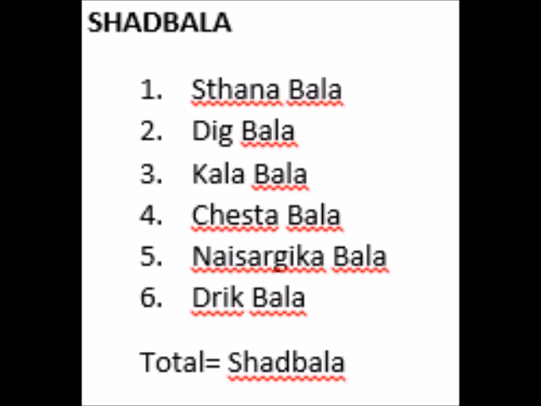a planet gets powerful on a particular day of the year. So the strength of a planet is calculated based on what day of the year that planet is placed.